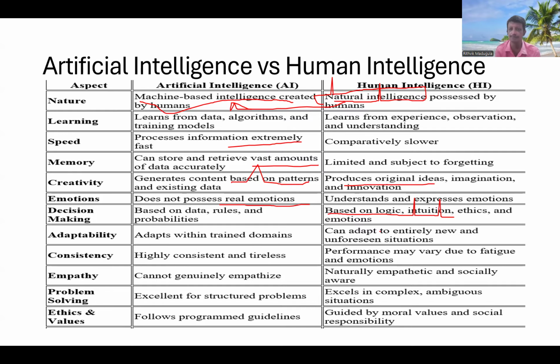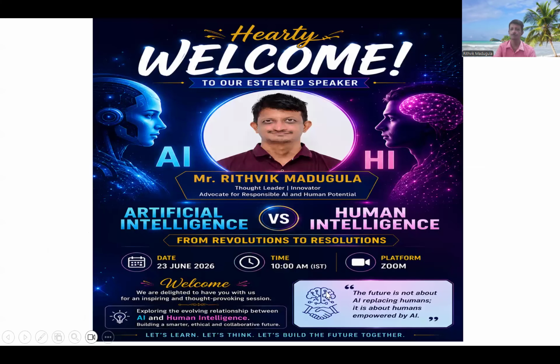These two things differ mainly between human intelligence and artificial intelligence, and other things are quite common. Empathy, we have empathy, and AI cannot have empathy. We can handle complex problems and clear all the problems, but AI cannot do all these things at once. And these are quite a few of the comparisons that take place.